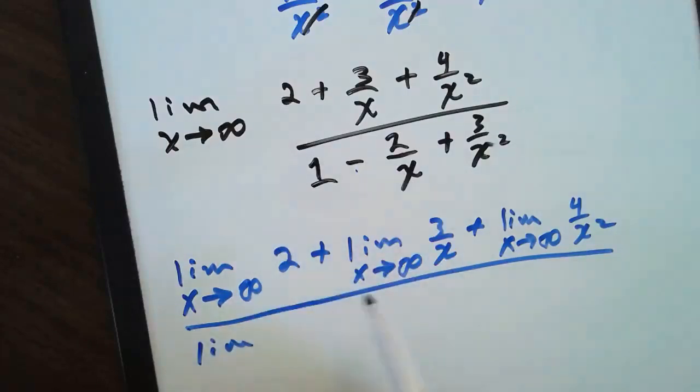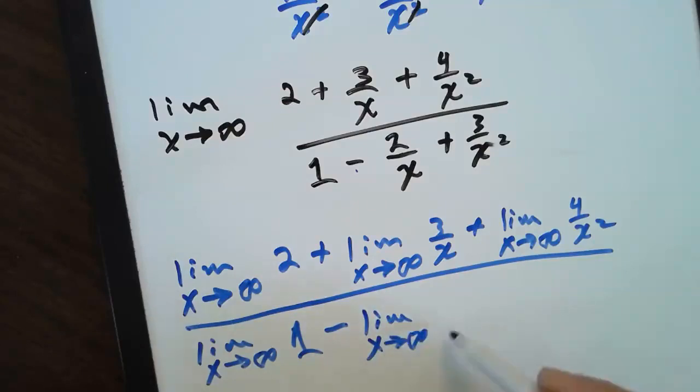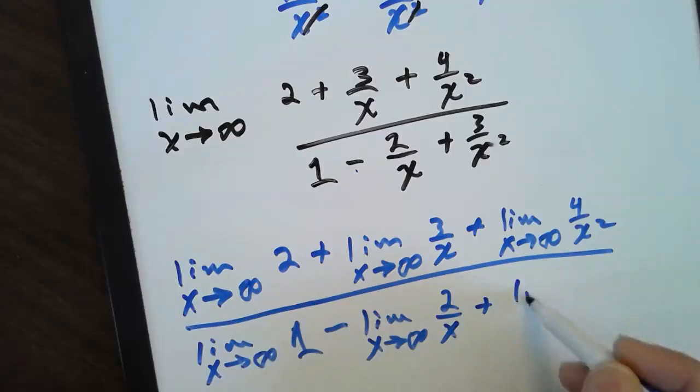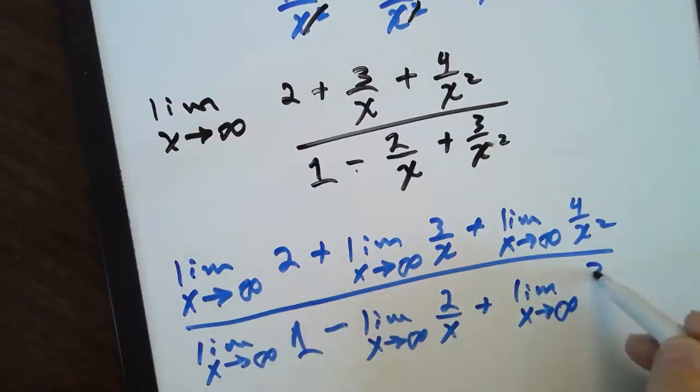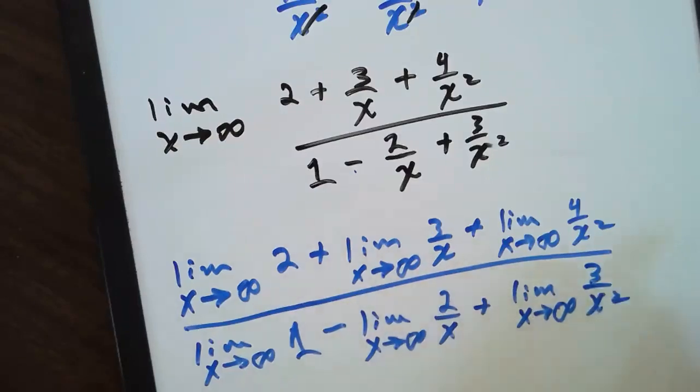And then we can do the same thing for the denominator: the limit as x tends towards infinity of 1, minus the limit as x tends towards infinity of 2 over x, plus the limit as x tends towards infinity of 3 over x squared.